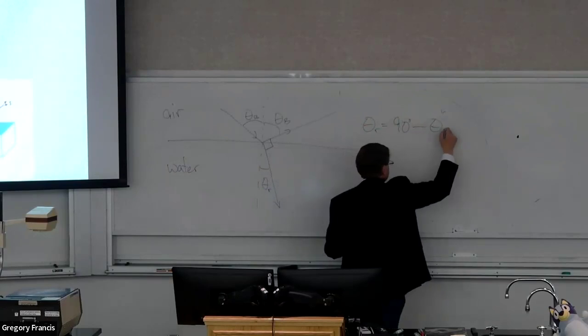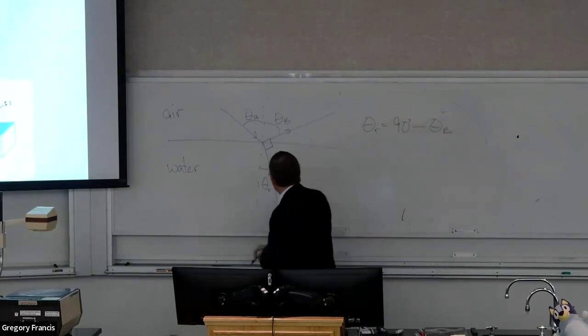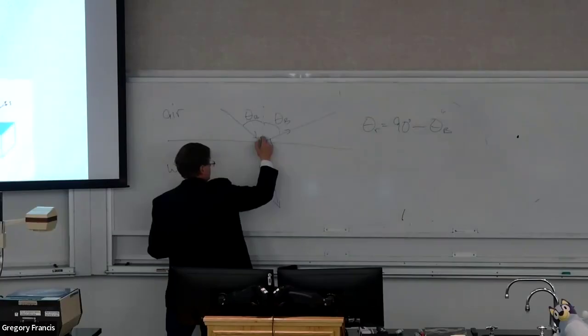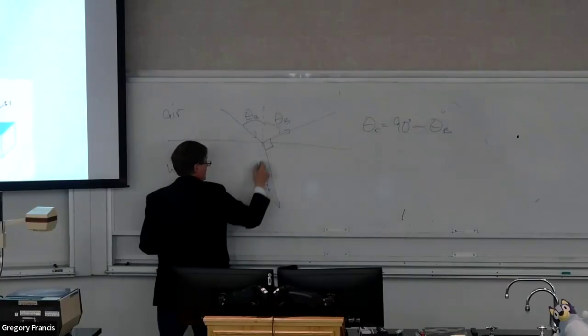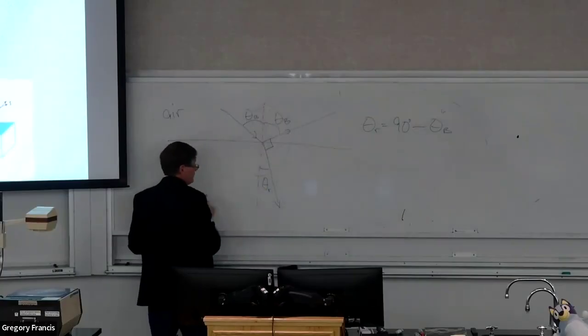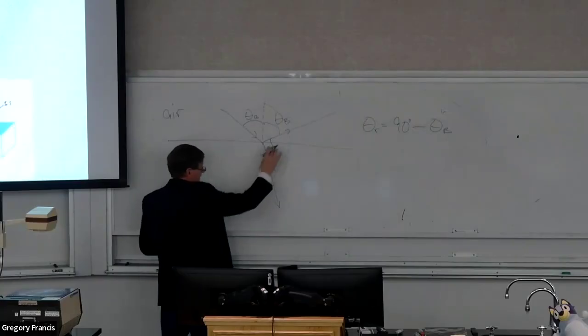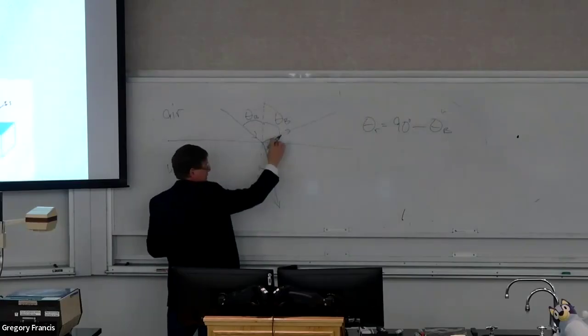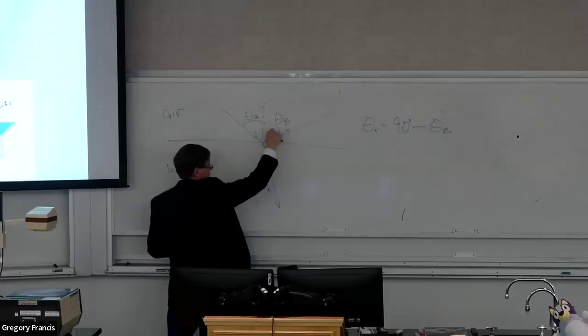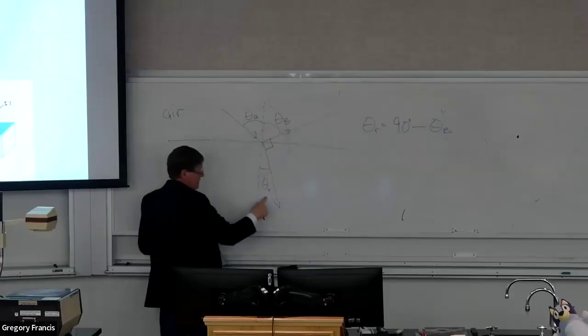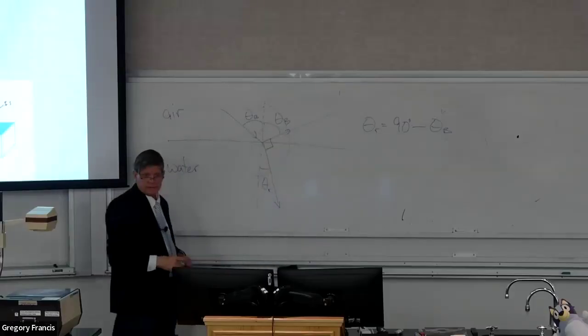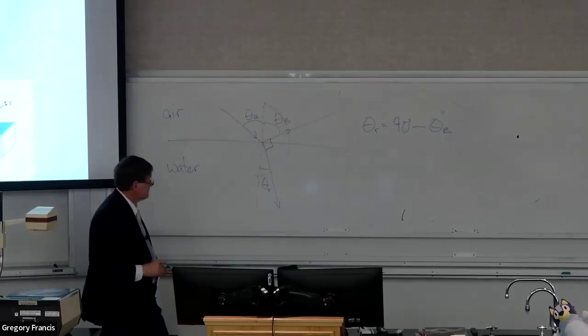And so I can say that that refracted ray is going to equal 90 minus the Brewster angle. Okay, how did I get that? Well, this dashed line represents 180 degrees. I've used up 90 degrees here, so that means that the Brewster angle plus the refracted angle have to be the other 90. Everyone see that? Okay.